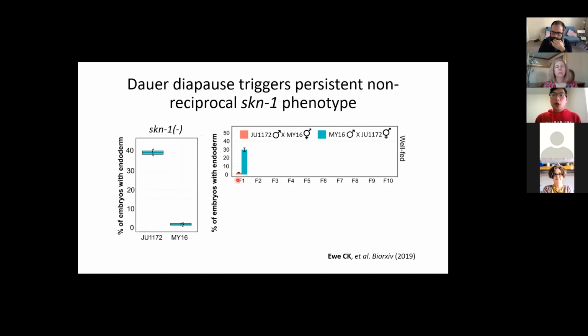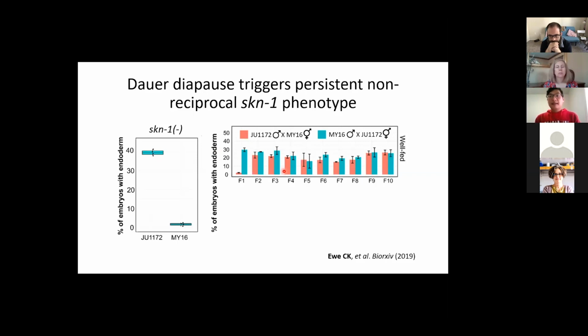For the red bar, a low strain, MY16, was used as the mother, and for the blue bar, JU1172, a high strain, was used as the mother. This is expected. As I mentioned earlier, SKN-1 is a maternal effect.